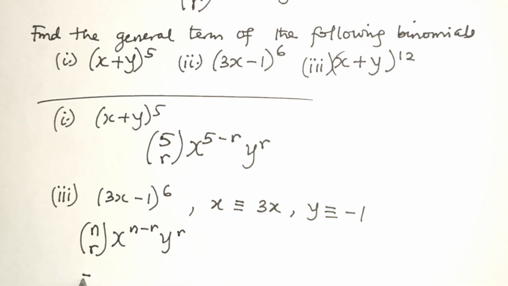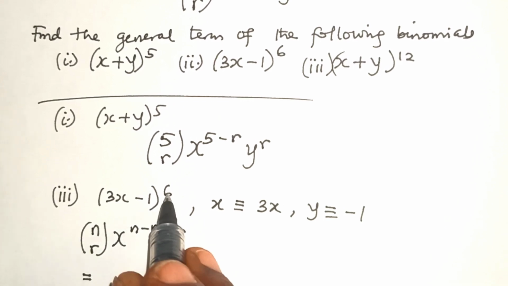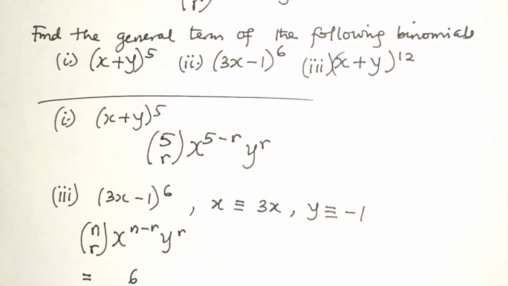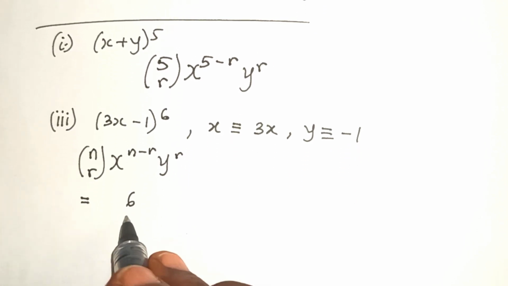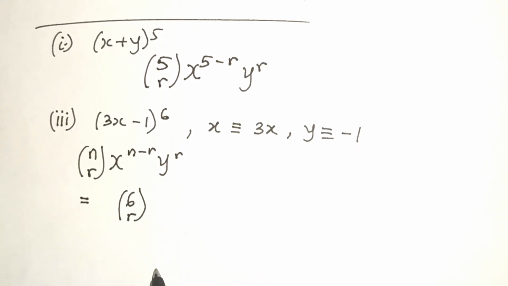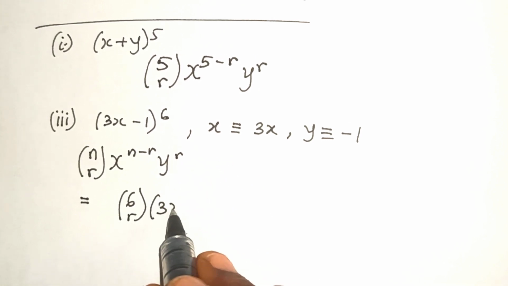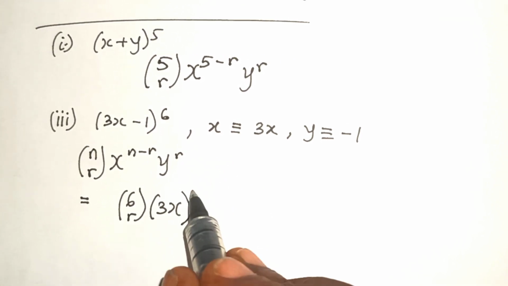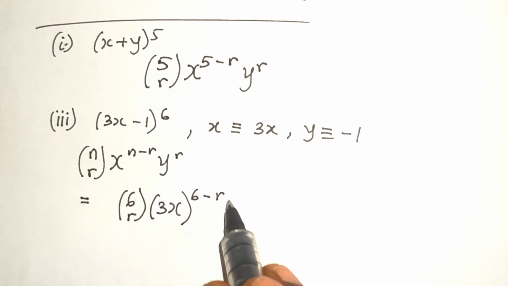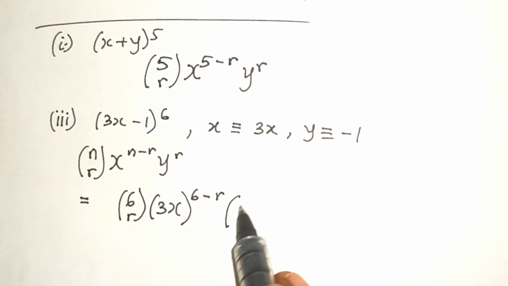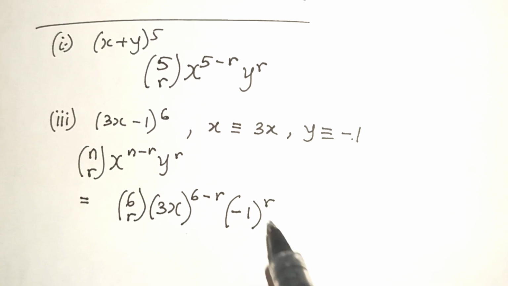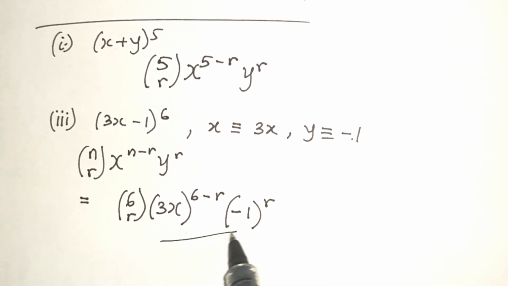So this will give us n is 6. So we have 6 combination r into x, which is 3x. So we have 3x raised to the power 6 minus r, into y, which is minus 1. So we have minus 1 raised to the power r. So that's the general term of that binomial.